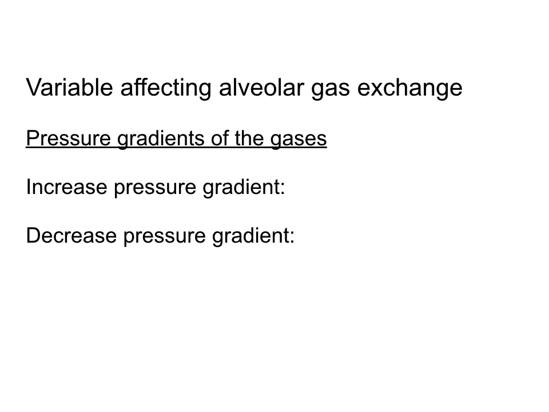If you increase the pressure gradient, meaning you increase the difference between those two areas, you will increase your rate of gas exchange. However, if you decrease the pressure gradient, meaning you decrease the difference between the two areas, you're going to decrease your gas exchange rate.